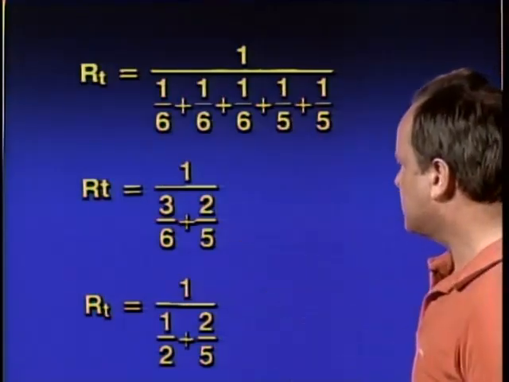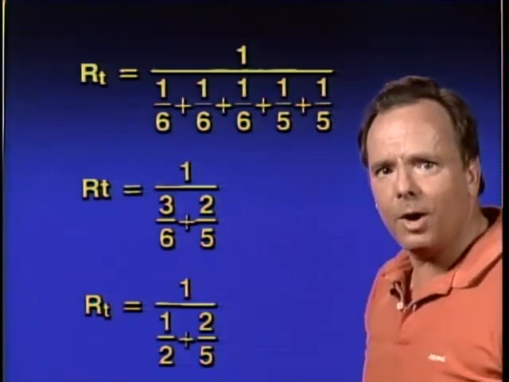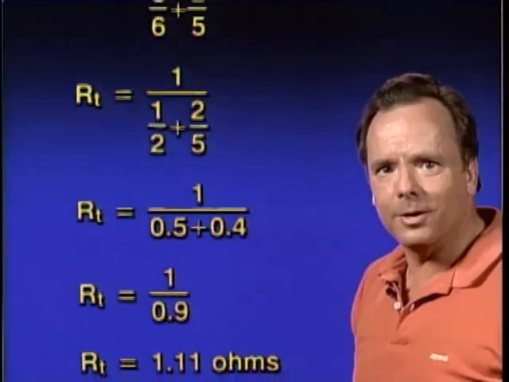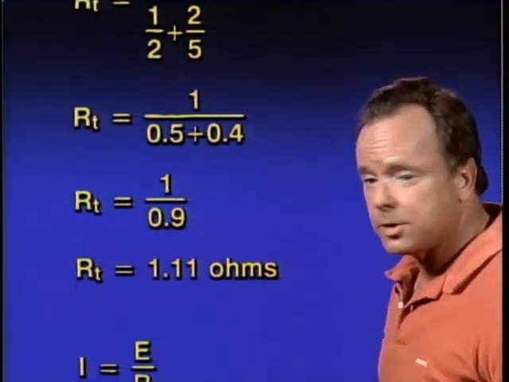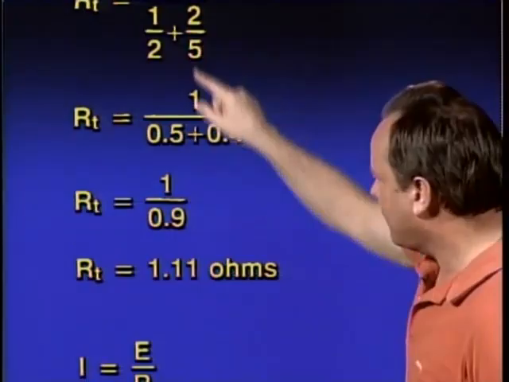Boy, if you can remember that, this will be just duck soup for you. Now we have 3 of these 6s, so it's 3/6. So 1/6 plus 1/6 plus 1/6 comes out to 3/6. And 1/5 plus 1/5 comes out to 2/5. So now the total resistance is equal to 1 divided by these two fractions, 3/6 plus 2/5. Well, 3/6 is a half, and 2/5 still comes out to 2/5.